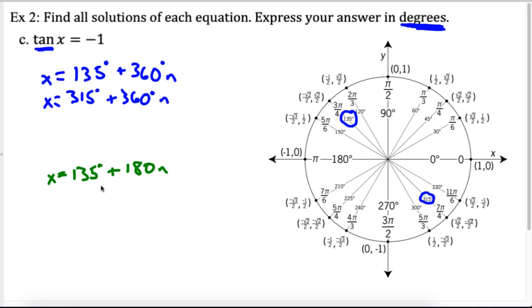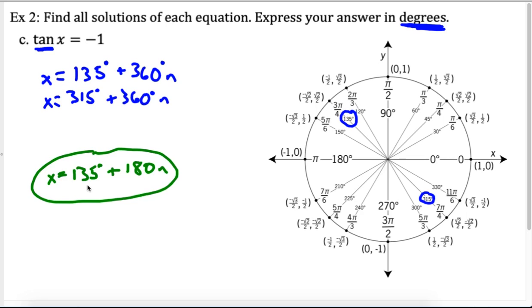Okay, if I were to add 180 to 135, I would get 315. So if we can remember that tangent repeats itself every 180 degrees, we can simplify our answers for tangent. Okay, now this form of the answer actually means the same thing as this. Okay, this is just a little bit simpler.